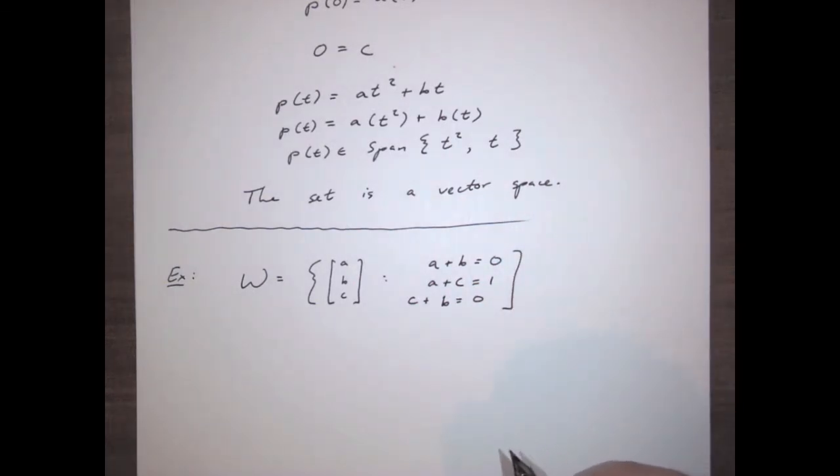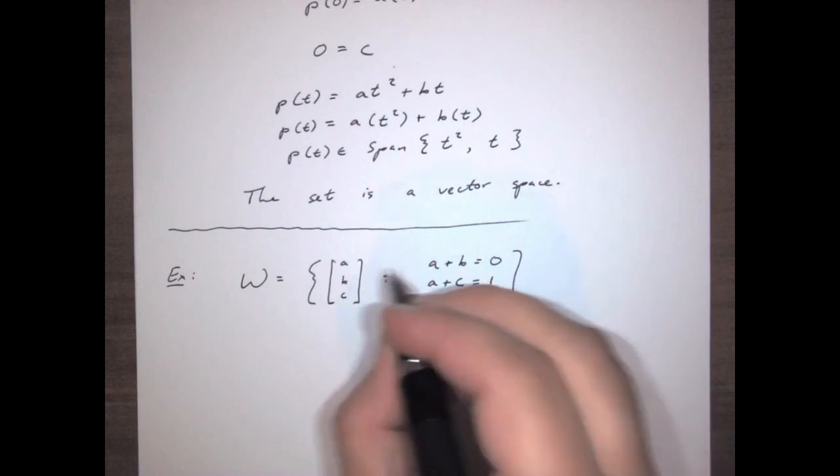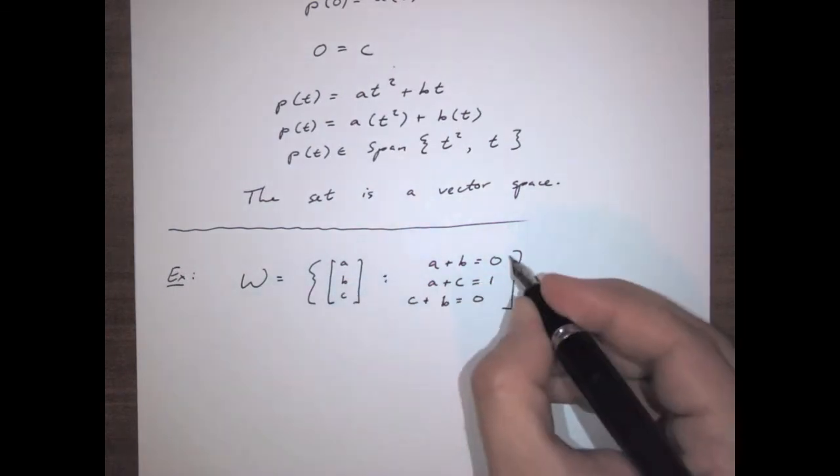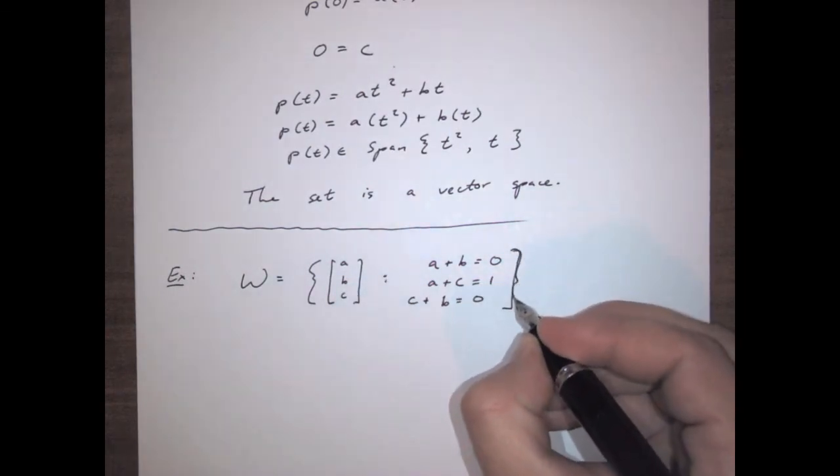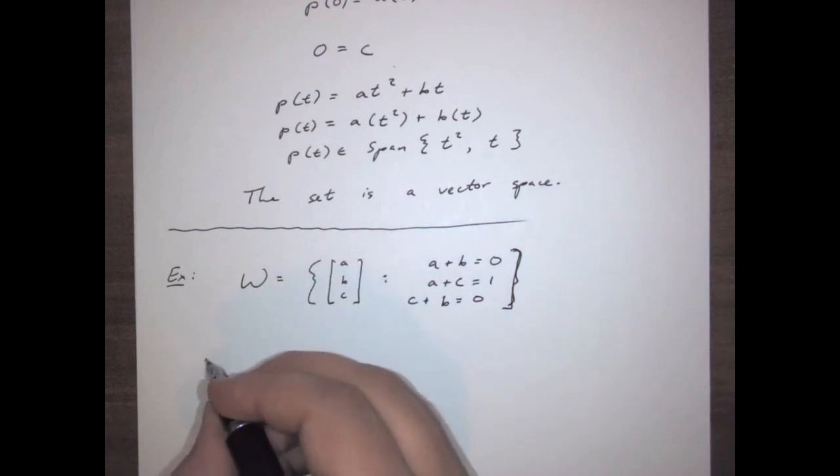So let's say that these are the three relations that define the elements of this set.